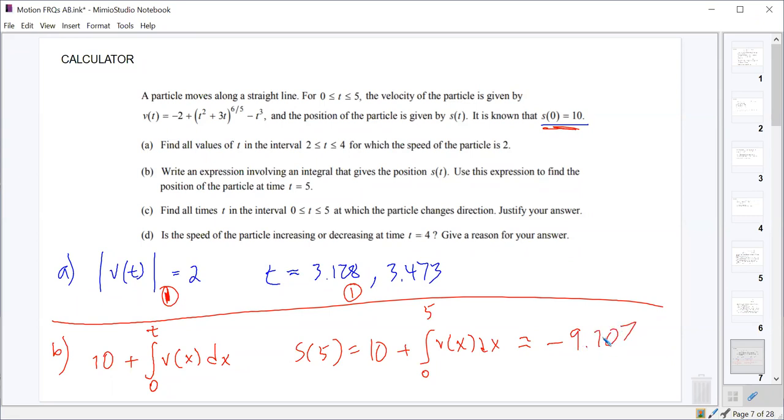This was worth 2 points: 1 point for the function for s of t, and 1 point for our final answer. Any questions there on A or B?